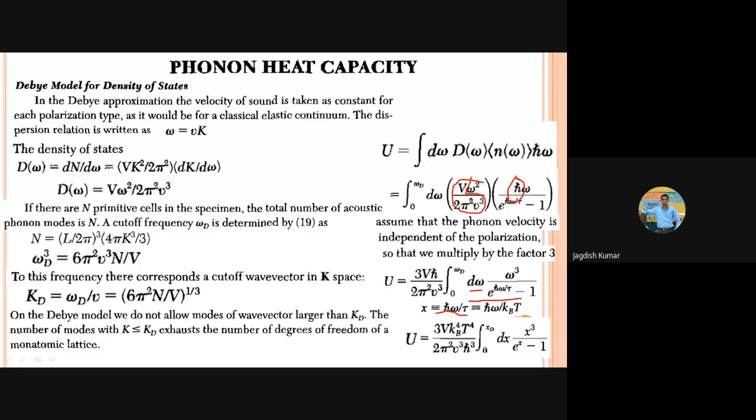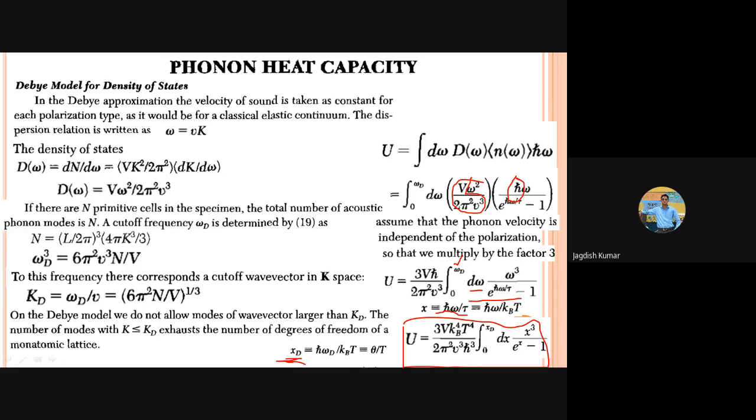Again, that's a little mathematical manipulation, and I'm sure you can do it yourself. This will give you the total phononic energy within the Debye approximation. Of course, omega D we have replaced with the variable xd, related to the Debye cutoff frequency.